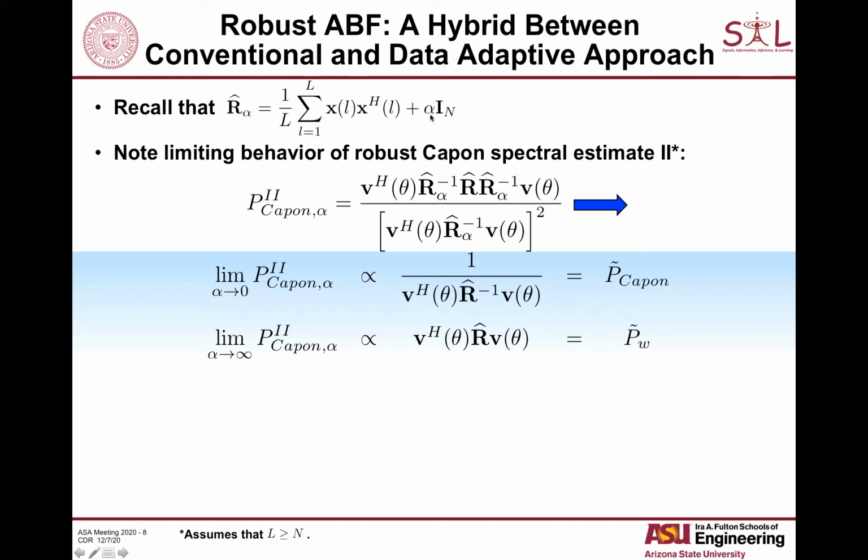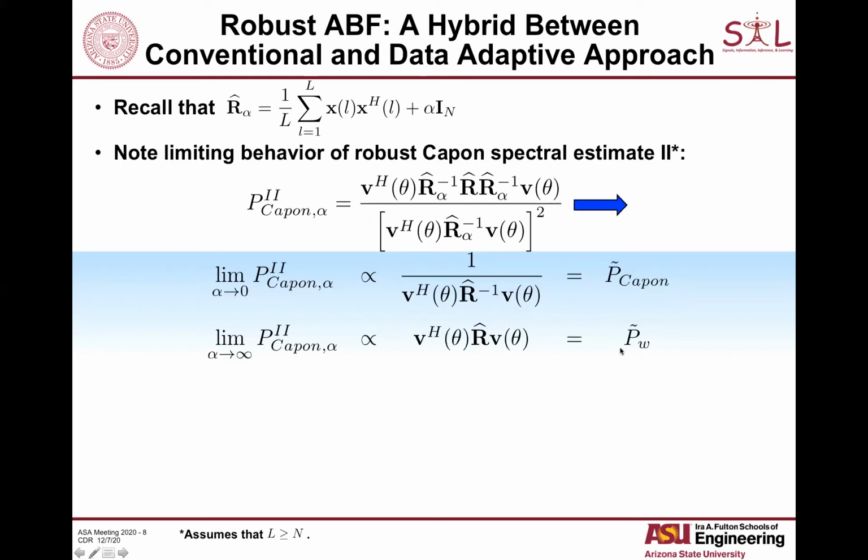Interestingly enough, as I let alpha become arbitrarily large, this identity matrix dominates the sum. So when I plug it back into this expression, it just looks like an identity matrix times V, the denominator becomes constant, and we end up with a statistic that's proportional to the conventional power spectral estimate.